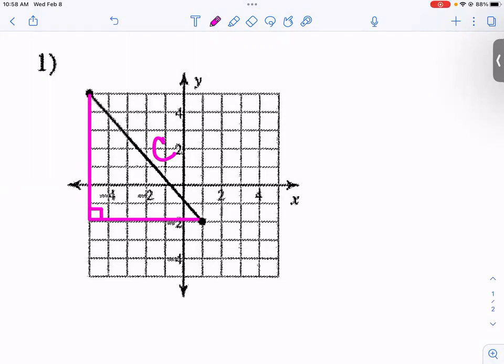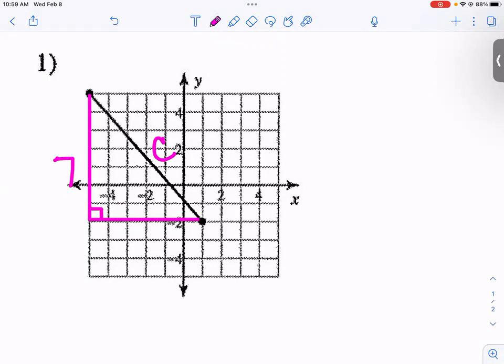Hey, does this look like what we just did? Yeah, it really does. Okay, so let's count. This left leg right here, how long is it? 7. Okay, so I'm going to put a 7 right there. How long is this leg?